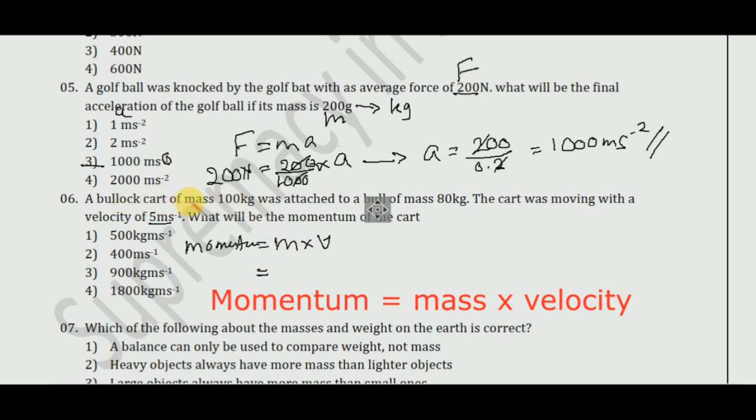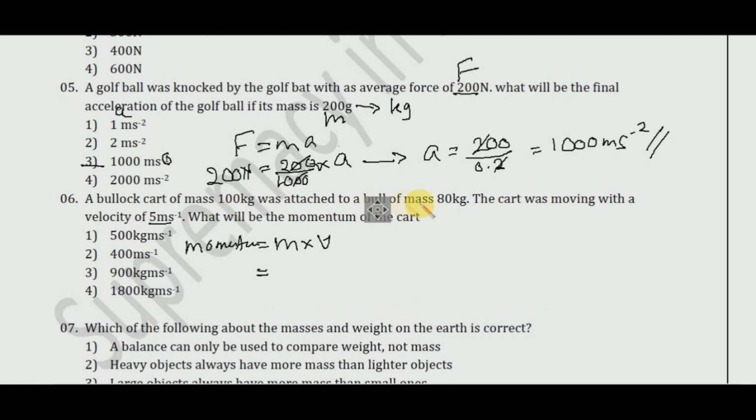But remember, when you are substituting, you just can't substitute only the cart, because the bull has a mass of 80 kilogram and the cart has a mass of 100 kilogram. So remember, altogether the mass is added, 180 kilogram into 5 meters per second.